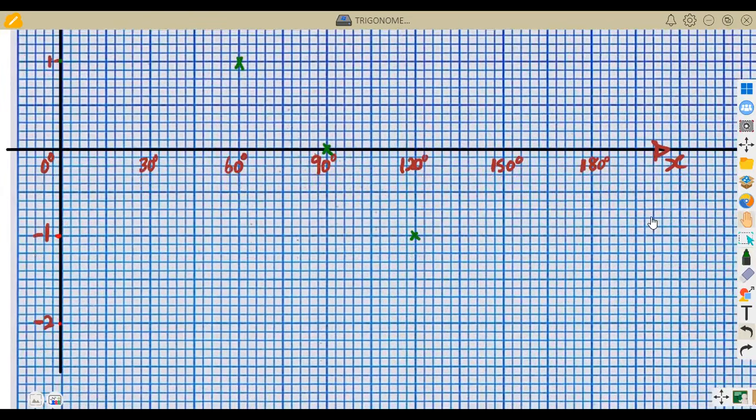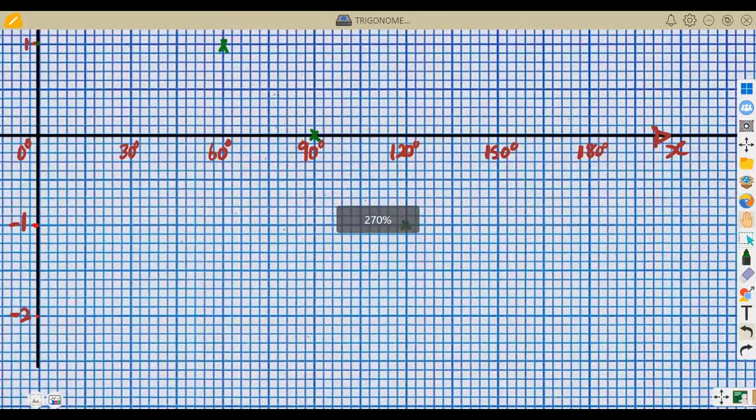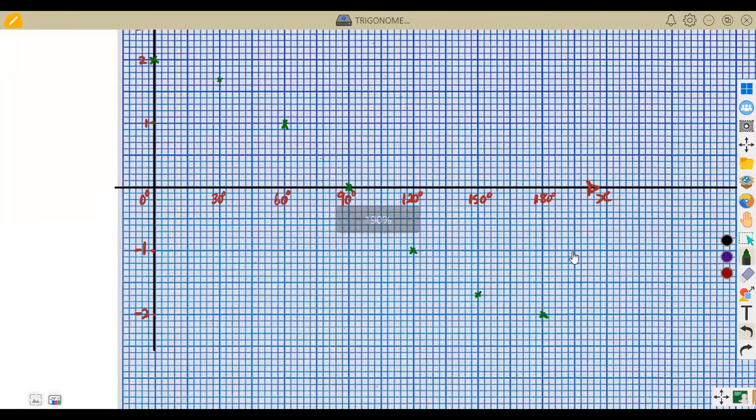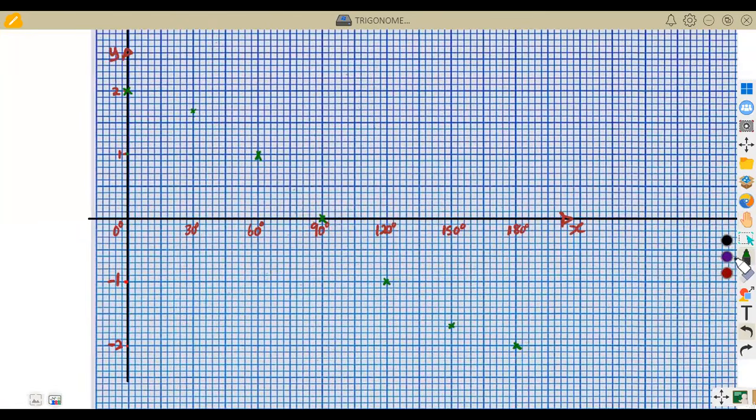So -1,7, it means we are again down here at 150, -1 here, -1,5, -1,7 is somewhere here just before 2, after -1,5 and before -2. And 180 was at -2. This was our 180. So these were the points that we are going to have if you were to mark these points properly for this graph of f of x.